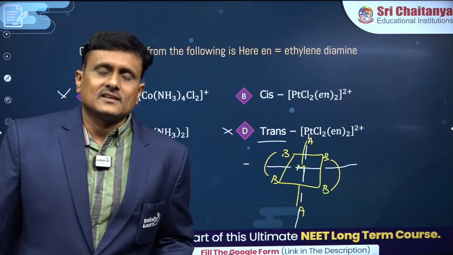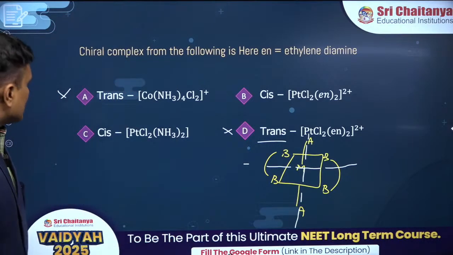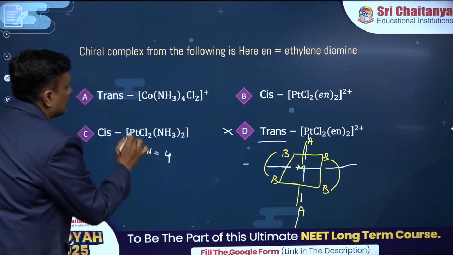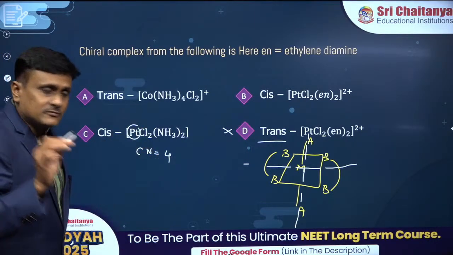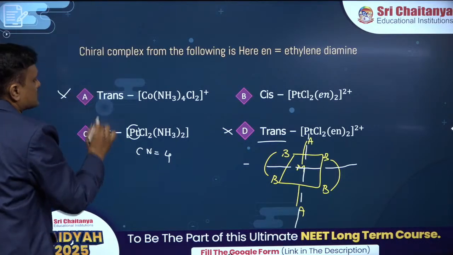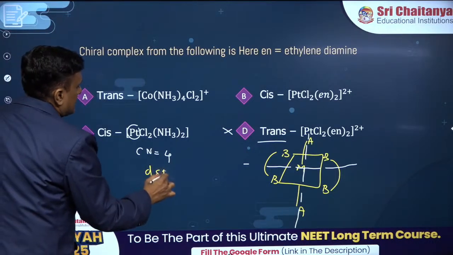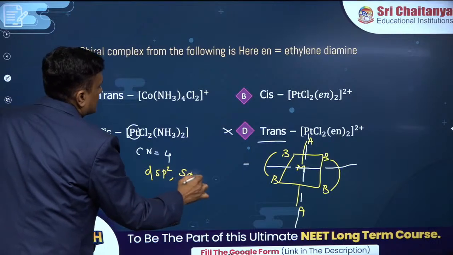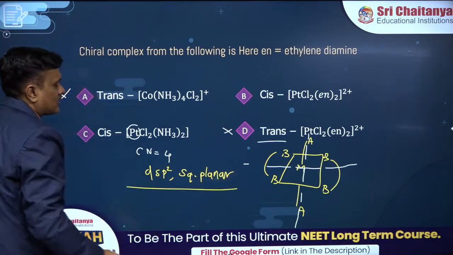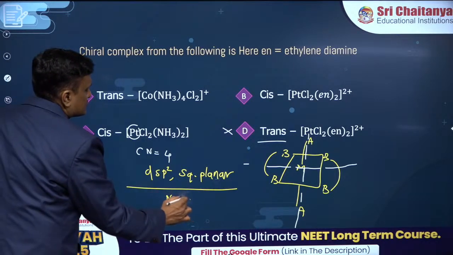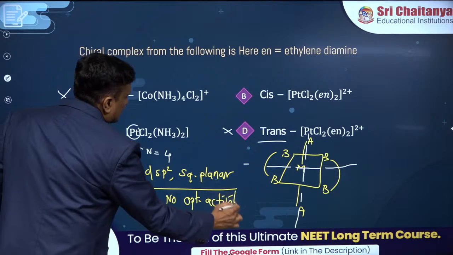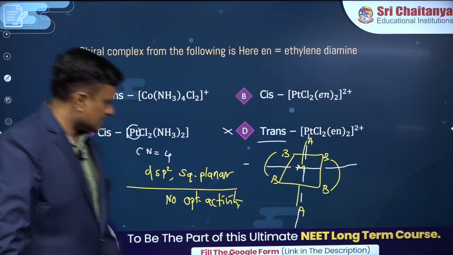Then you have cis. In cis you can see one compound is having coordination number 4, and you know platinum complexes, as far as we know, are dsp2 hybridized and are square planar in geometry, and any square planar compound shows no optical activity because it has got a perfect plane of symmetry, right?